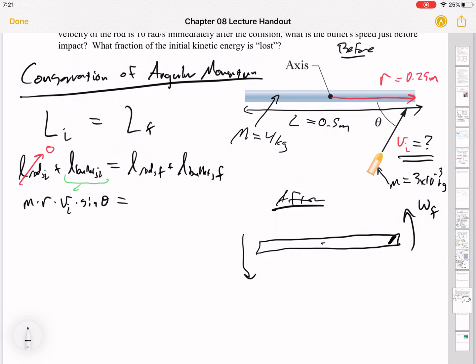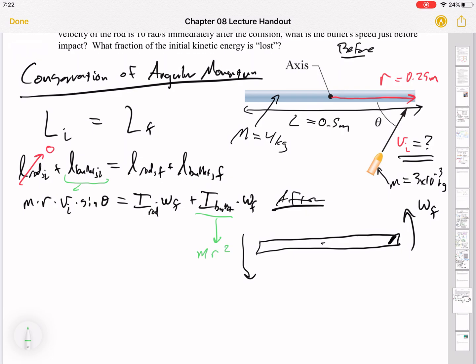On the right-hand side, I'm going to say I times omega final for the rod plus, we can do an mRV sine theta, but now that it's stuck in the rod, I'm going to call it I for the bullet, omega final, where I for the bullet is now mR squared.